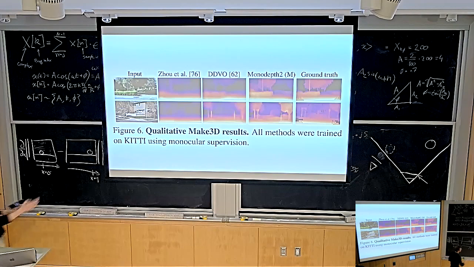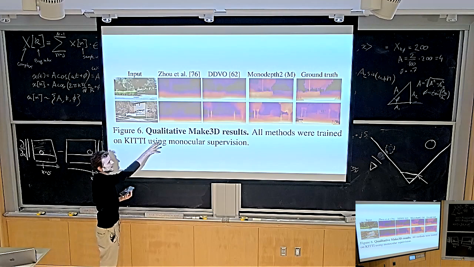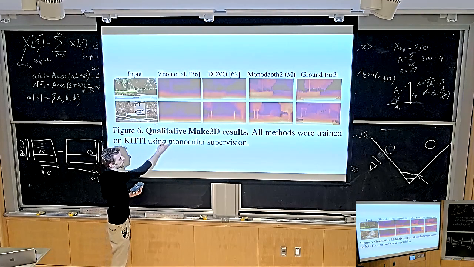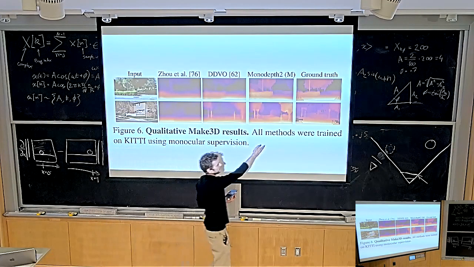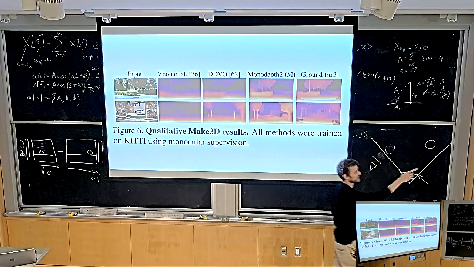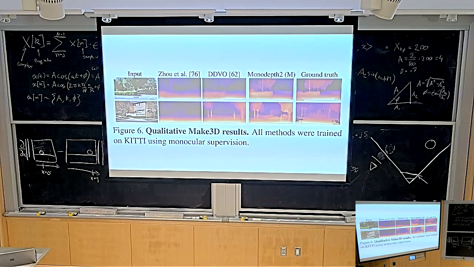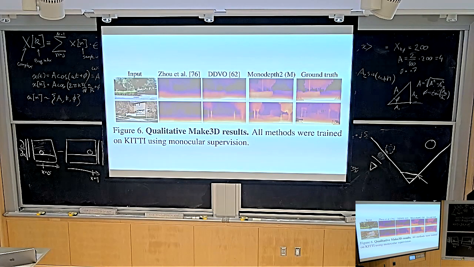Just the changes that we discussed in the loss and in the masking gave you this huge boost from this to a depth that looks like this. And this depth map is obviously much better. You can see, for instance, that the lamp pole is very well and precisely captured, the tree in the background is reasonably well captured, and even this very thin sign in the front is reasonably well captured, right?